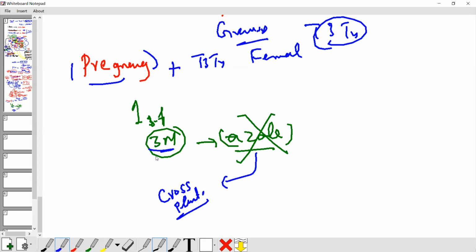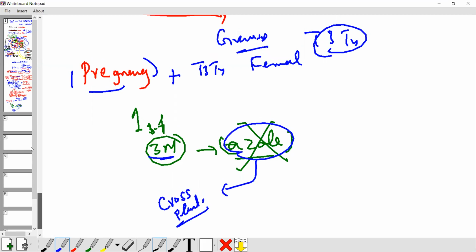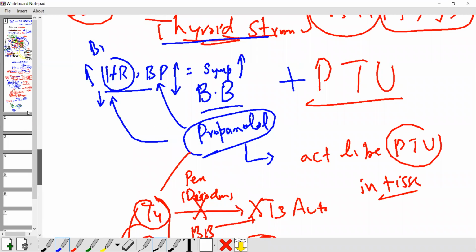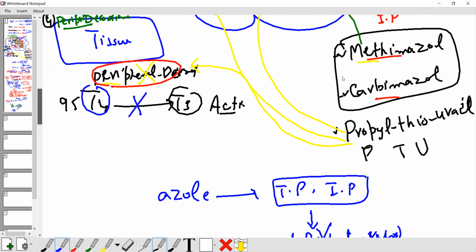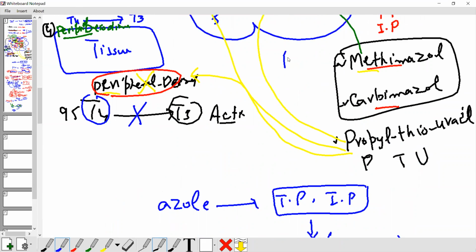Understand or not? So for the first 3 months, I can't use methimazole or carbimazole. Can you use these two drugs in pregnancy? I can't, okay?